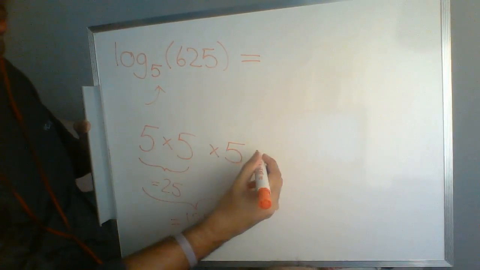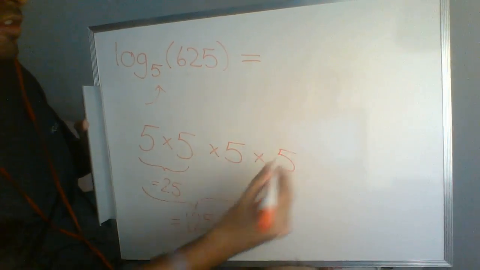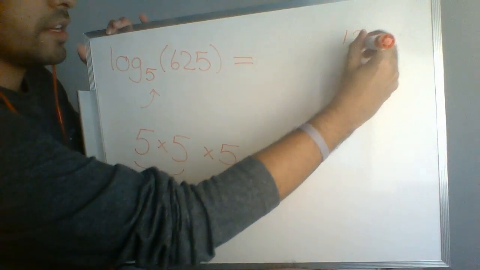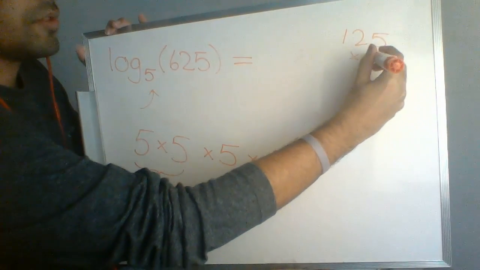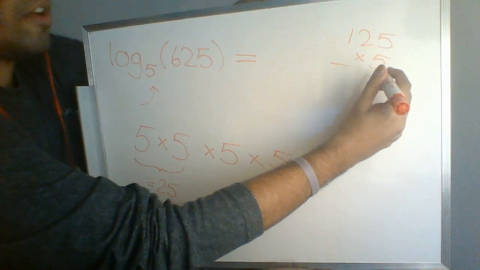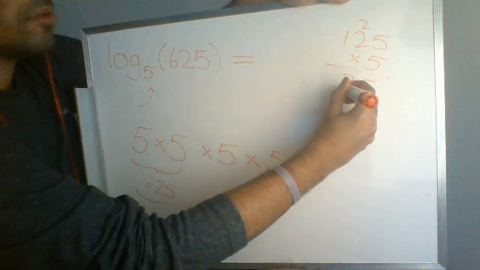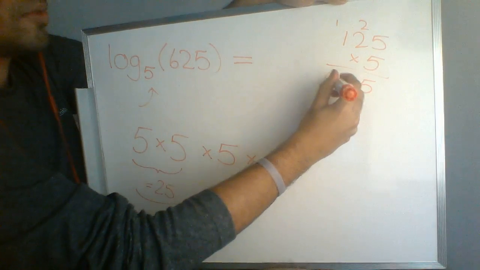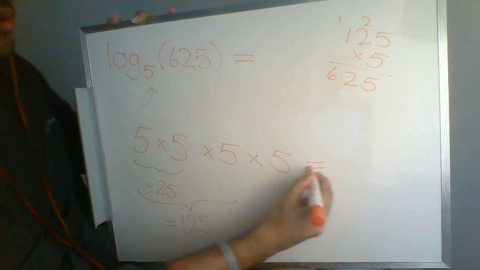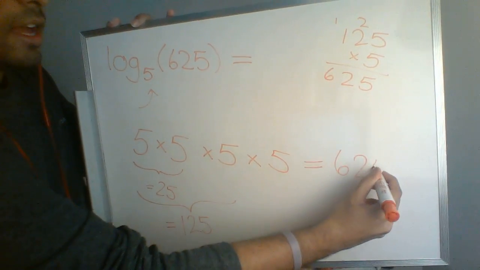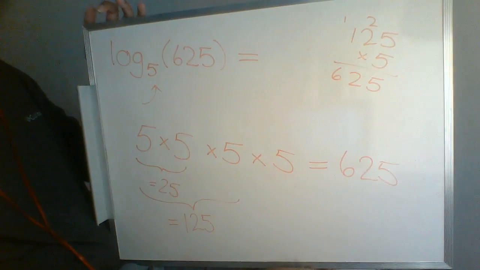That's still not big enough, so we throw in another 5. 125 times 5: 5 times 5 is 25, carry the 2. 5 times 2 is 10, plus 2 is 12. 5 times 1 is 5, plus 1 is 6. That gives us the 625 exactly that we needed.